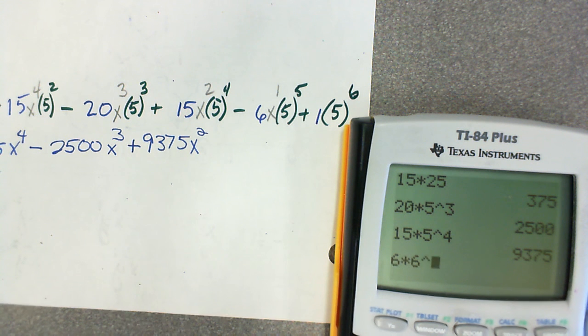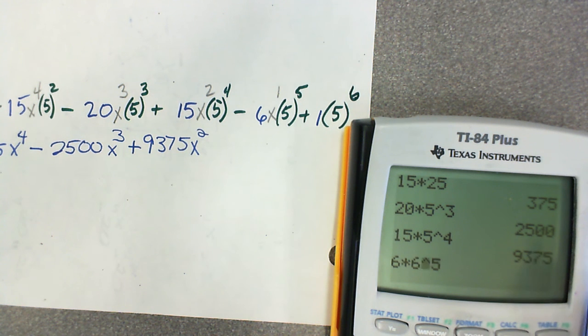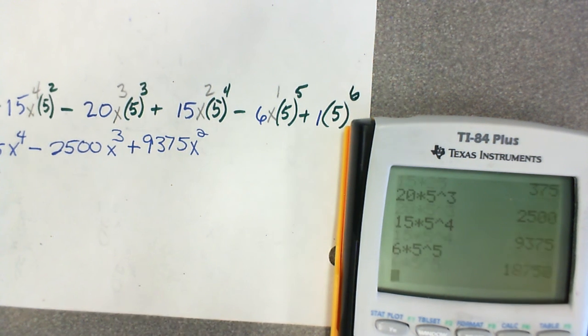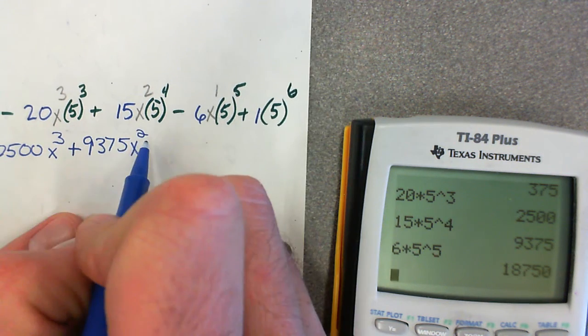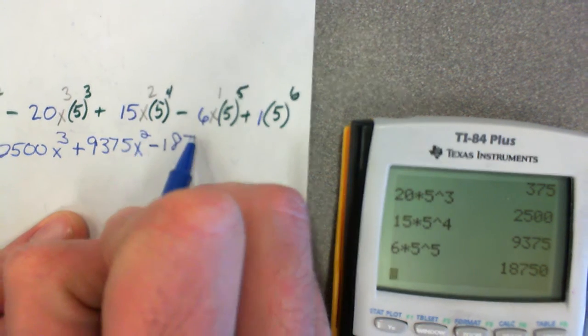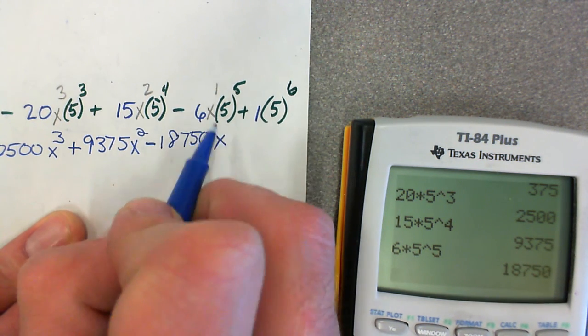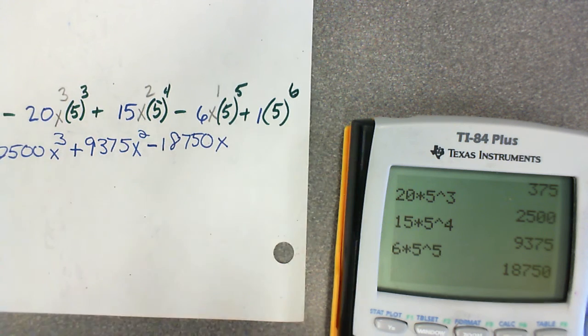Okay. Your next term is 6 times 5 to the 5th. So this is 6 times 5 to the power of 5. Oops, sorry. This is 5 to the power of 5. And that gets you minus 18,750 x to the 1st.